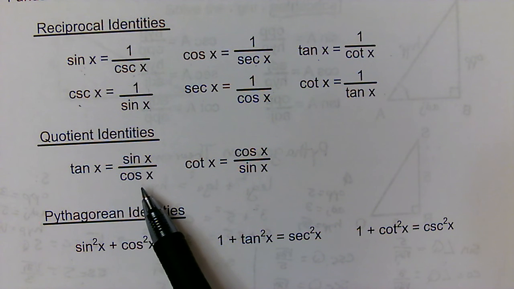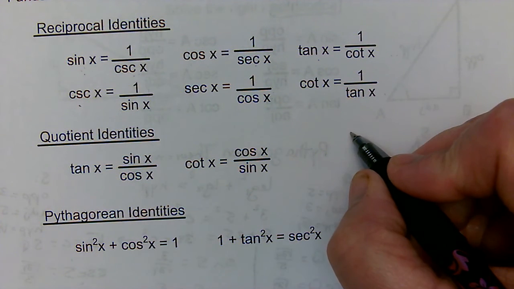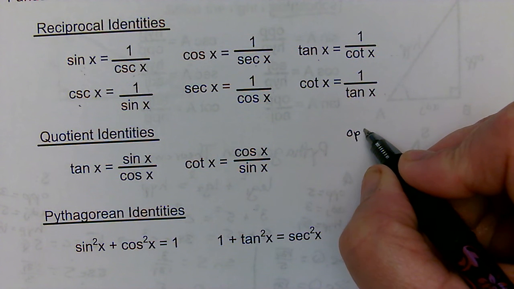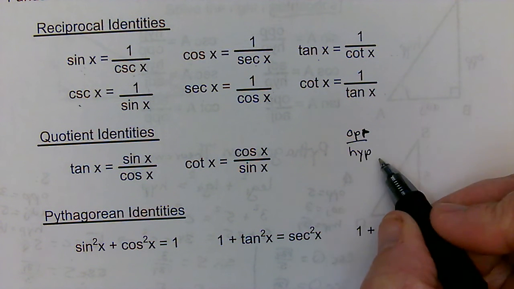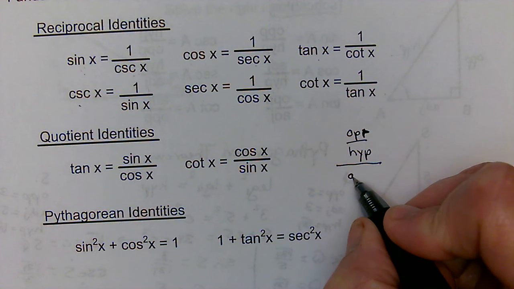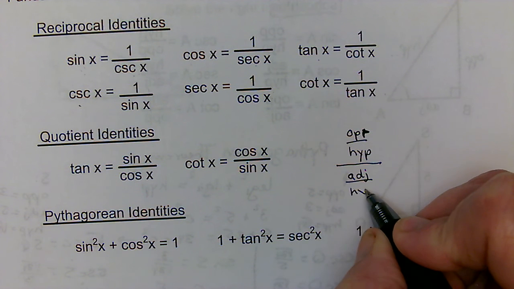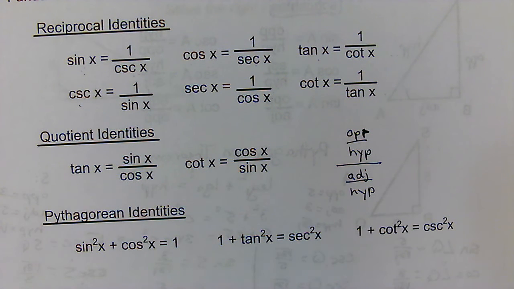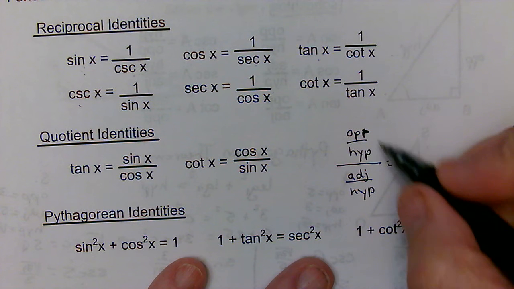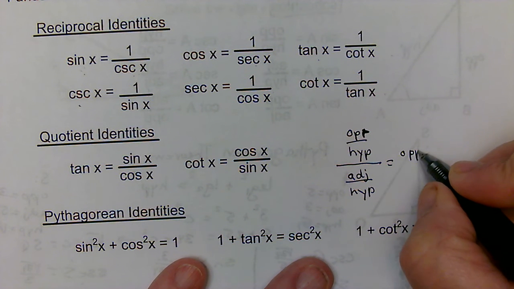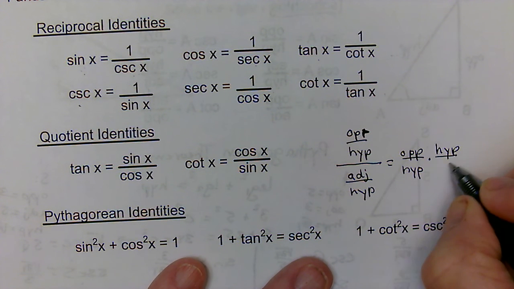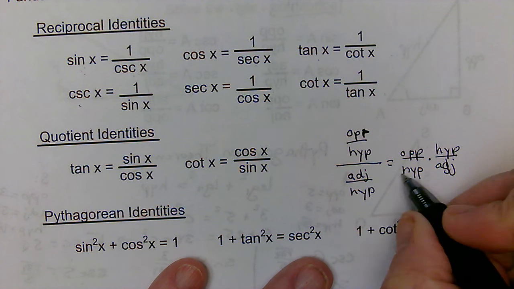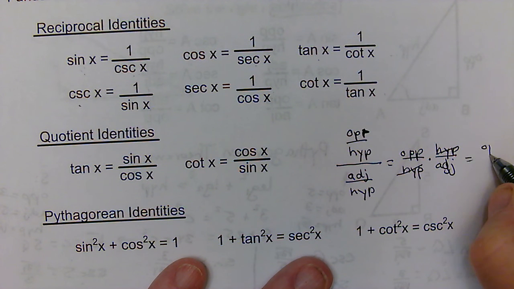Now, one thing that you may not have thought of, if we have opposite over hypotenuse, that's our sine, and then we have adjacent over the hypotenuse as our cosine. Remember, when we have division with fractions, we can rewrite it as multiplying by the reciprocal, and the hypotenuses cancel, and we get the opposite over the adjacent.